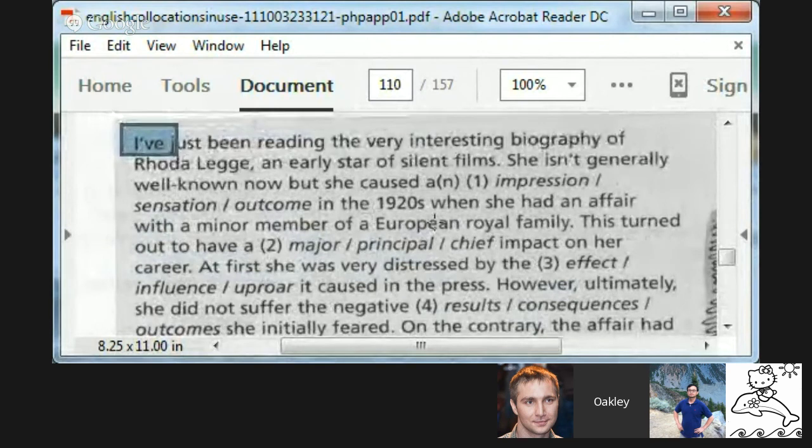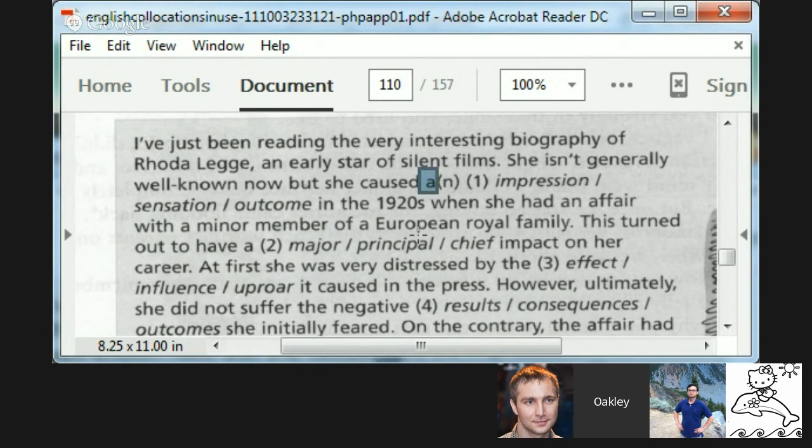I've just been reading the very interesting biography of Rhoda Reggio, an early star of silent films. She isn't generally well known now, but she caused a impression, sensation, outcome. She isn't generally well known, but she caused some bad impression.